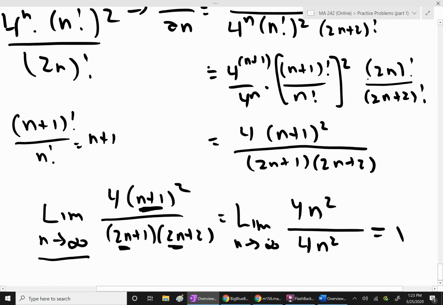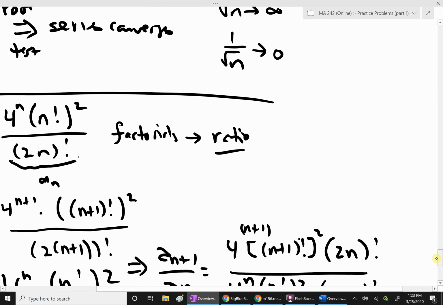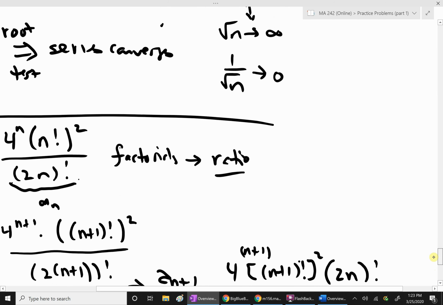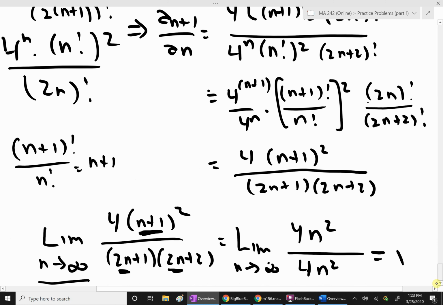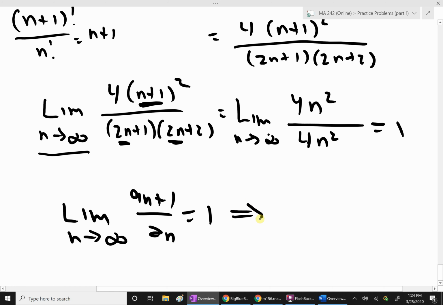So what do I know? Well, what does the ratio test tell me? It tells me that when I look at this ratio, right? And I get 1, what can I conclude? Not a darn thing.